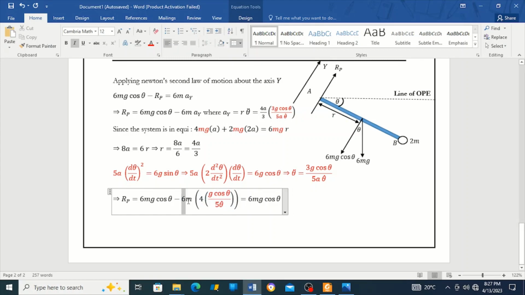We multiply 6 with 4. What do we get? We get 24. So we have minus 24 mg cos theta divided by 5 theta dot.